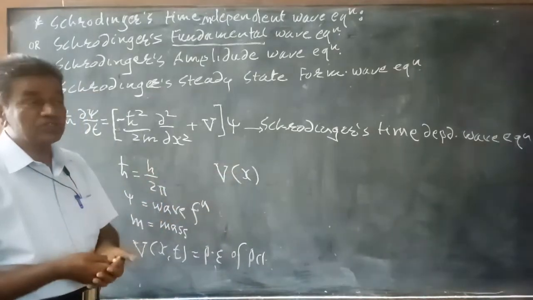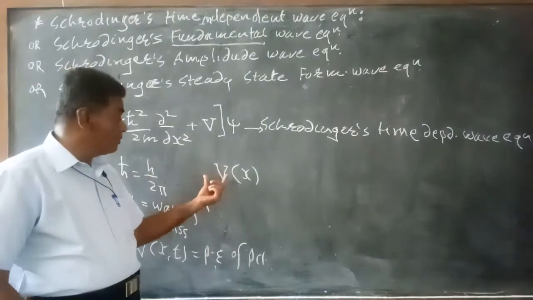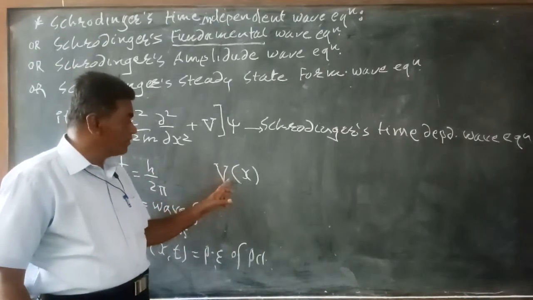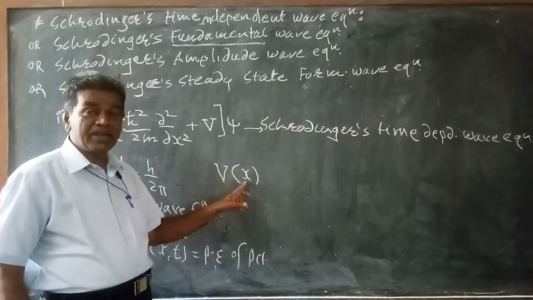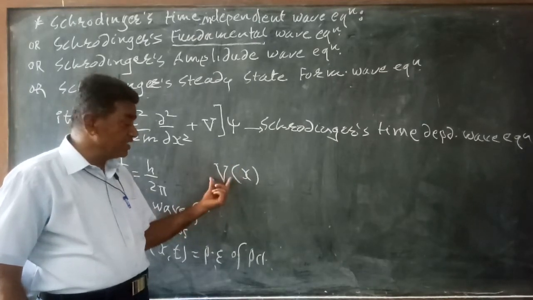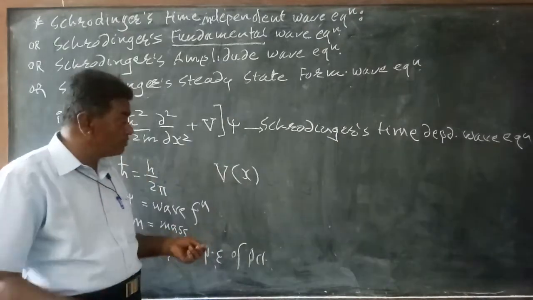But in many situations or problems, it is observed that the potential energy of the particle depends only on the position of the particle and not on time. If the position of the particle changes, the potential energy changes.